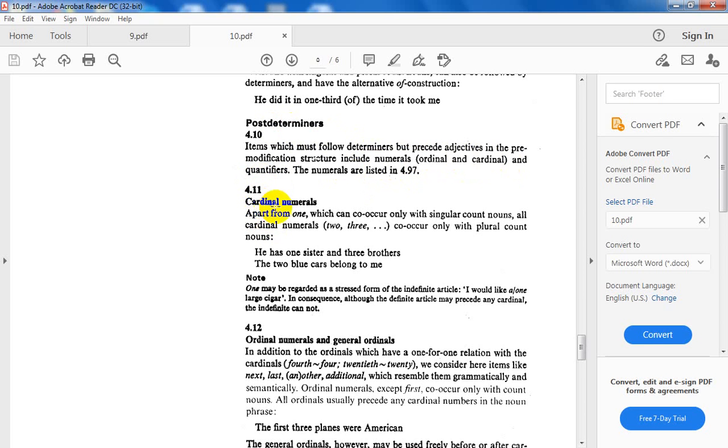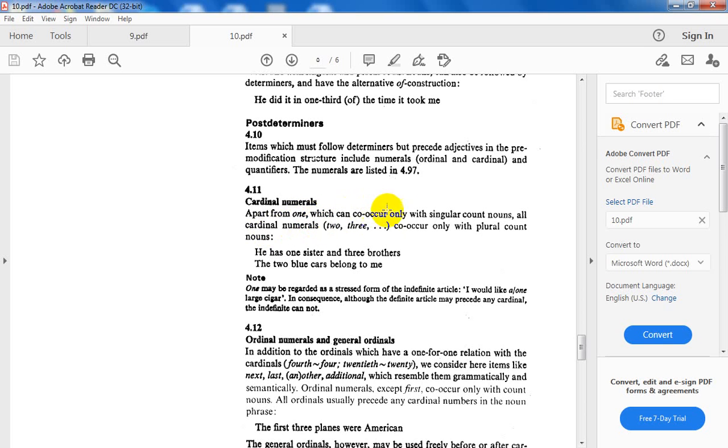Move to the first one of post determiner, which is numerals. We said it divides into ordinal and cardinal. Cardinal numbers are 1, 2, 3, 4, 5, 6. Of course cardinal numbers cannot come with non-count nouns, because they count and non-count nouns have no counting.